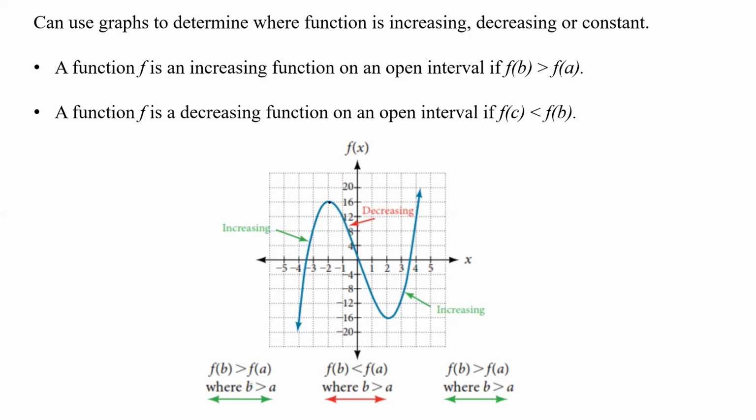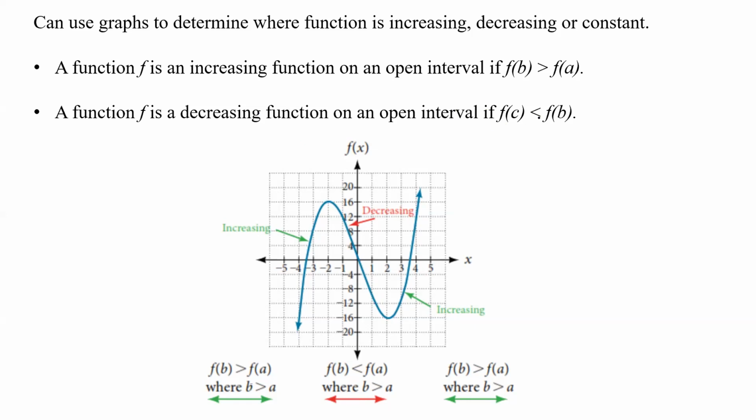Now in decreasing, say we have this point, that's going to be less than this point. And so this is a decreasing part of the function. And then here again, every point to the right is going to be bigger than the point here, and so we're back to an increasing function. And the decreasing function, I didn't mention that one.